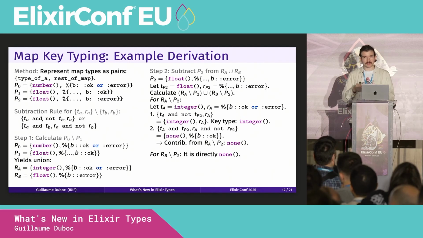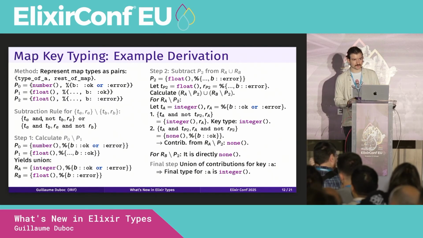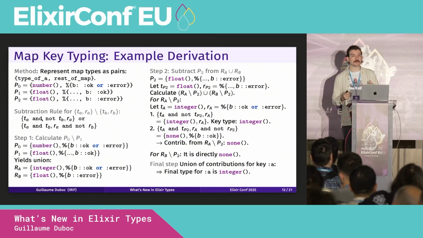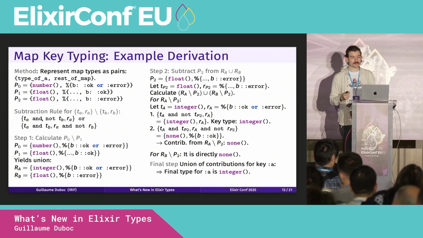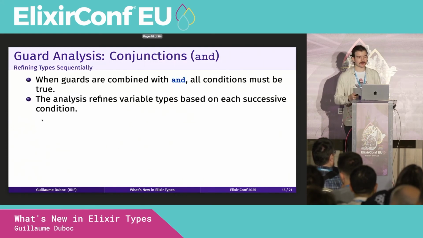And if we gather all of these, we get the final type for A, which is integer. So that's the way we make sure that the set operations that we do are not giving us imprecise types, and that you can trust them.